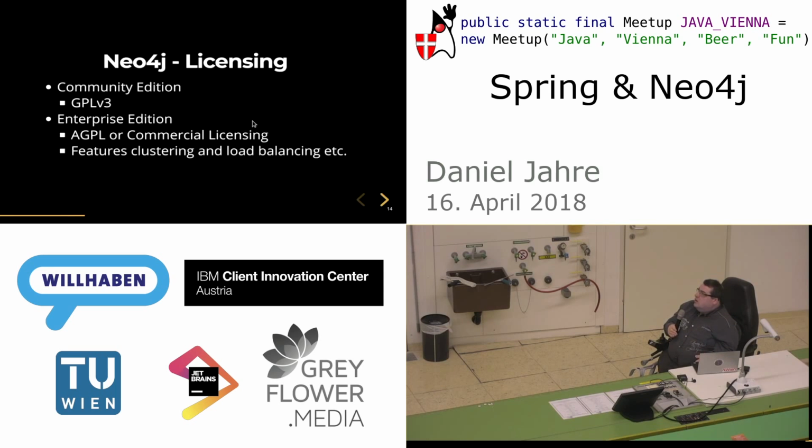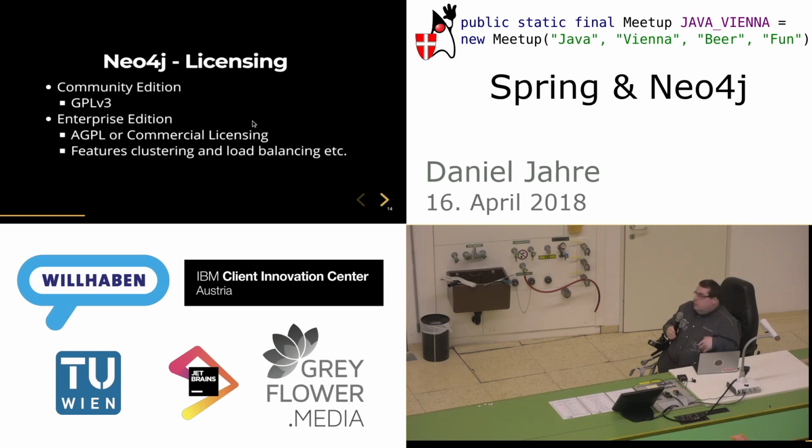There are two editions of Neo4J. The community edition has a GPL version 3 license, and for the enterprise edition, they have a lot of commercial licensing, and it's also a GPL, but you cannot figure that out by visiting the website. If you look on GitHub, you see that it's also a GPL.